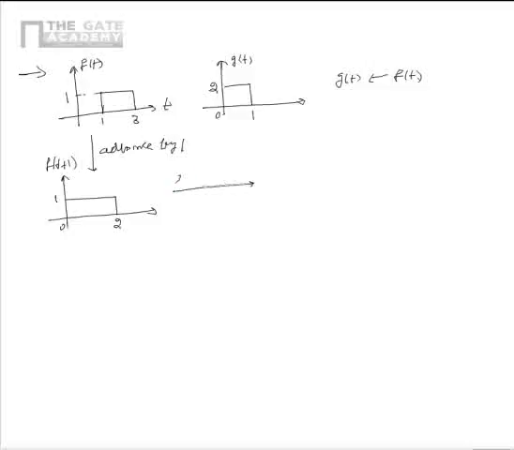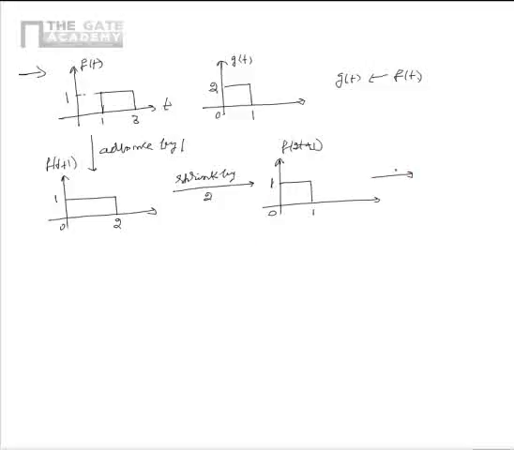Now shrink along time scale by a factor of 2 to get f of 2t plus 1, which would be in the period of 0 to 1 and having an amplitude of 1. It's a rectangular pulse.